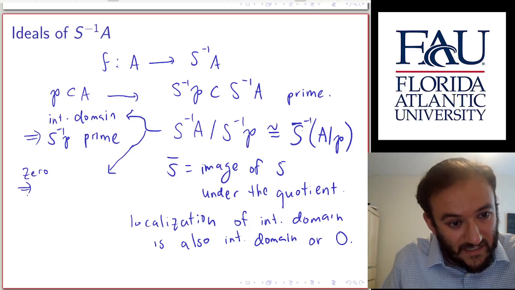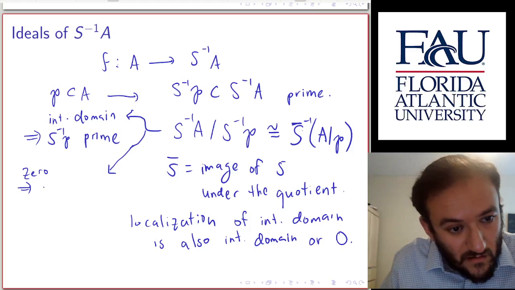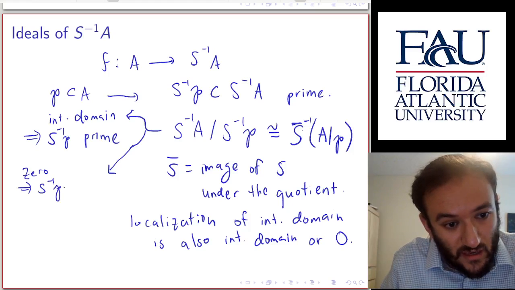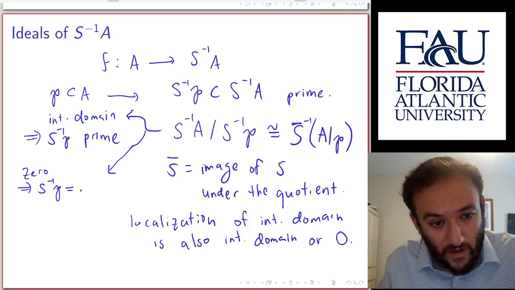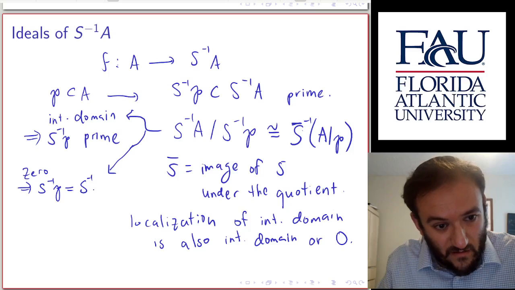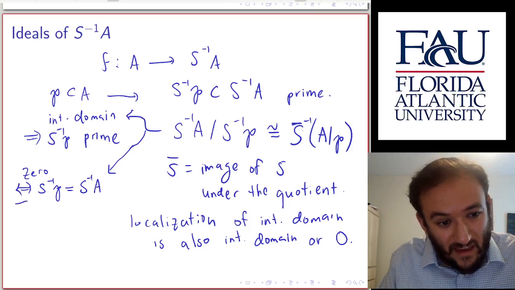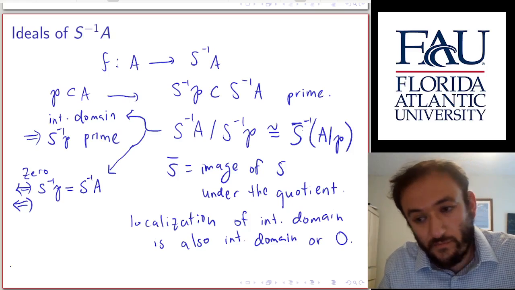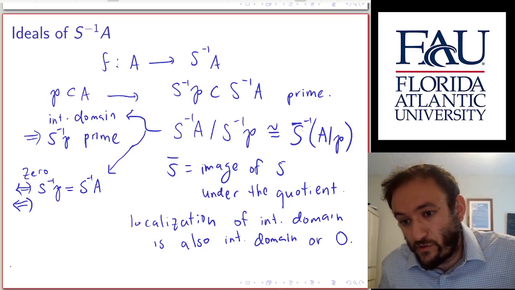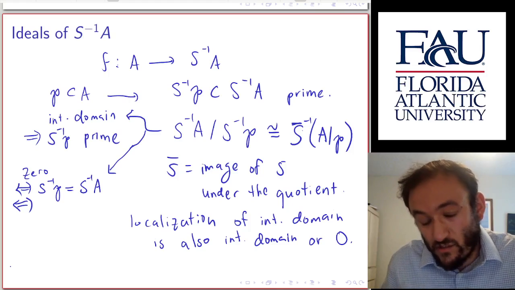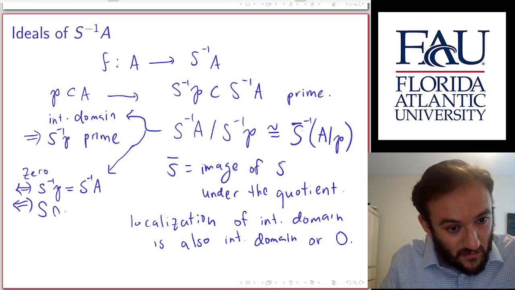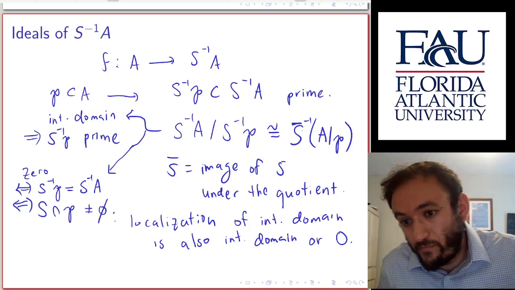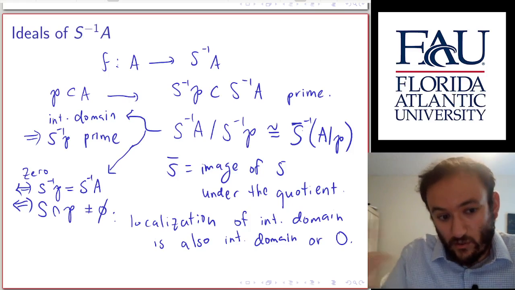But that implies that S inverse P is equal to the whole ring, S inverse A. What that would mean is that S has to contain an element of P, because then you would invert that and you would get the unit.